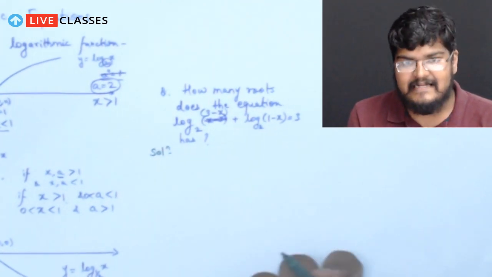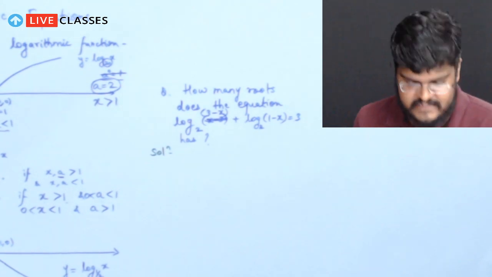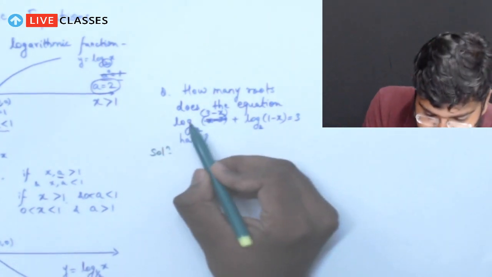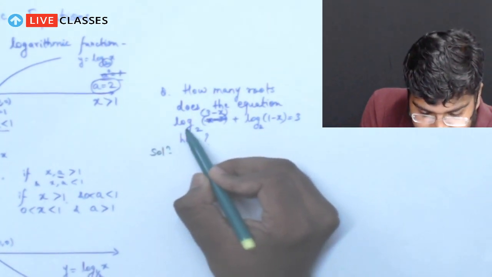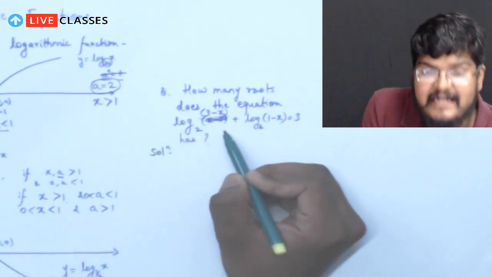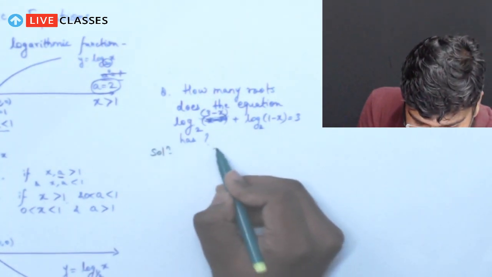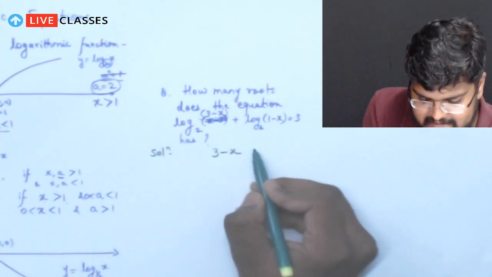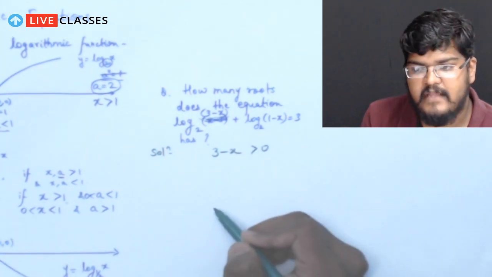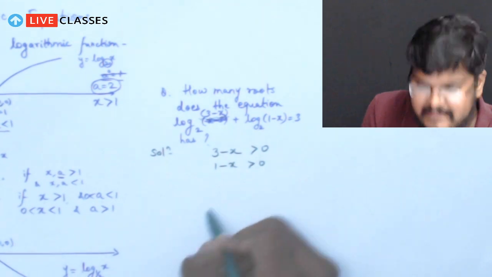By the definition of a logarithmic function itself, the first thing that we know is that whatever the value whose logarithm we have to find, it has to be greater than 0. That means I can say that my 3 minus x has to be greater than 0, and at the same time my 1 minus x also has to be greater than 0.